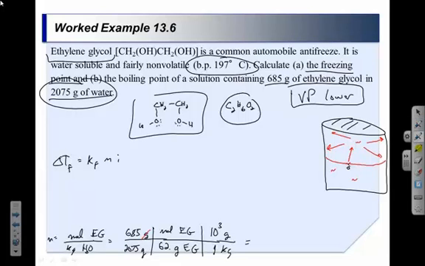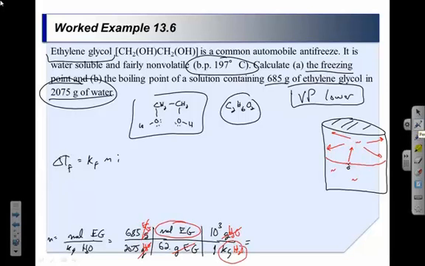I can cancel the grams of ethylene glycol, the grams of water. It's helpful if I include the substance so I know what things actually cancel. I can't cancel grams of ethylene glycol with grams of water. They're not the same thing, right? So it's really important to include the substance I'm dealing with, so I make sure I have moles of the right substance over kilograms of the right substance.